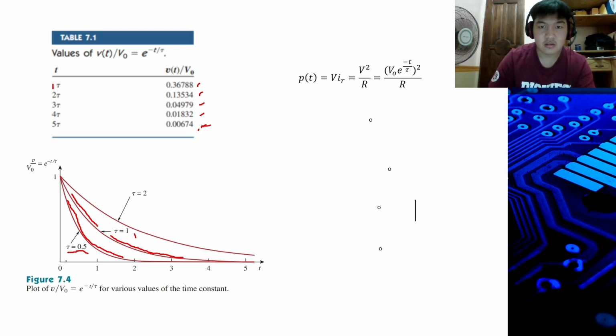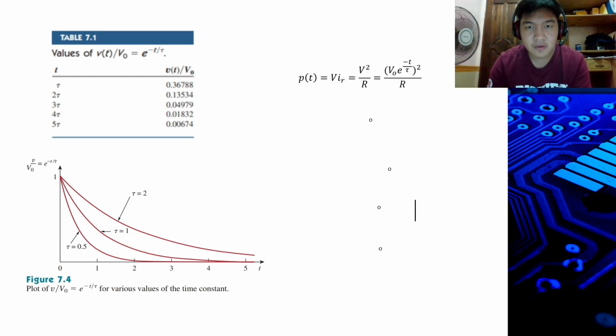Okay. So we can find the formula for the power dissipated in the resistor. We have P of t is equal to V times I, or the voltage drop across the resistor is equal to IR.